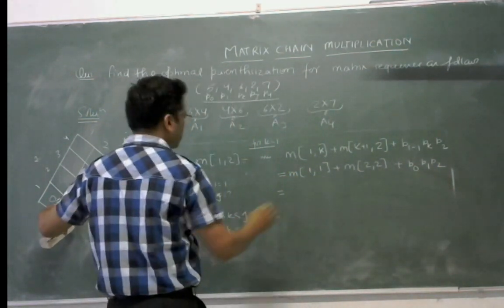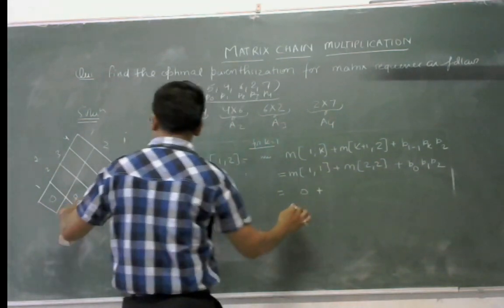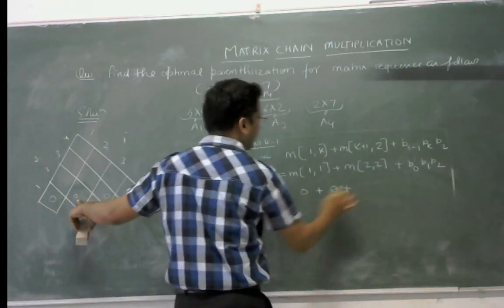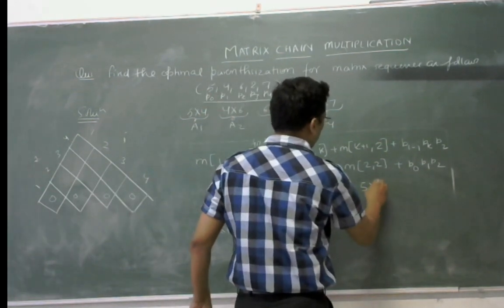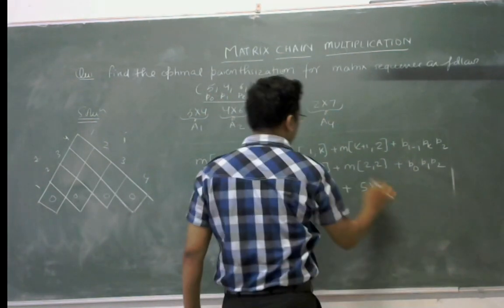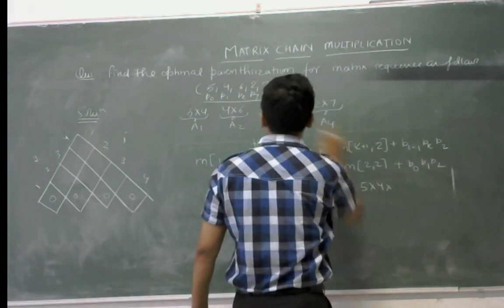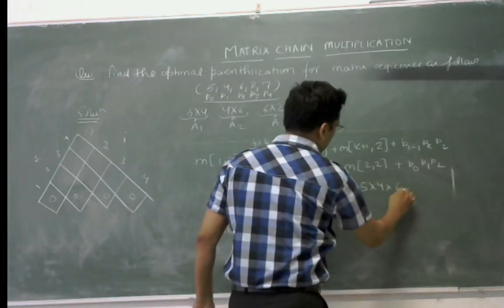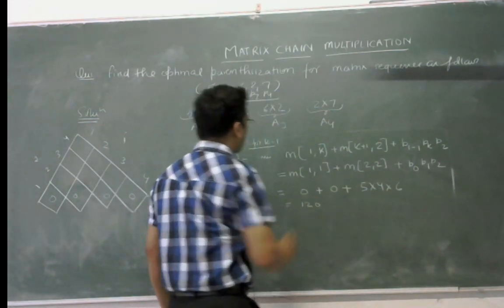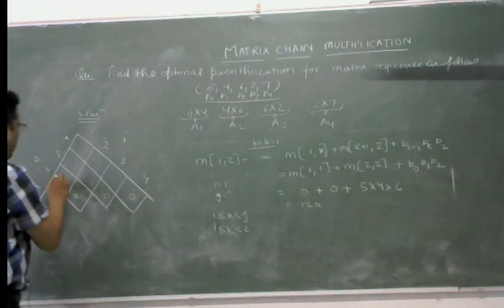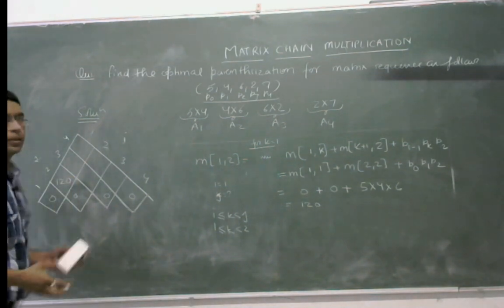M11 is 0, M22 is 0, plus P0 equals 5 cross P1 equals 4 cross P2 equals 6. So 5 times 4 is 20, times 6 is 120. So M12 is equal to 120.